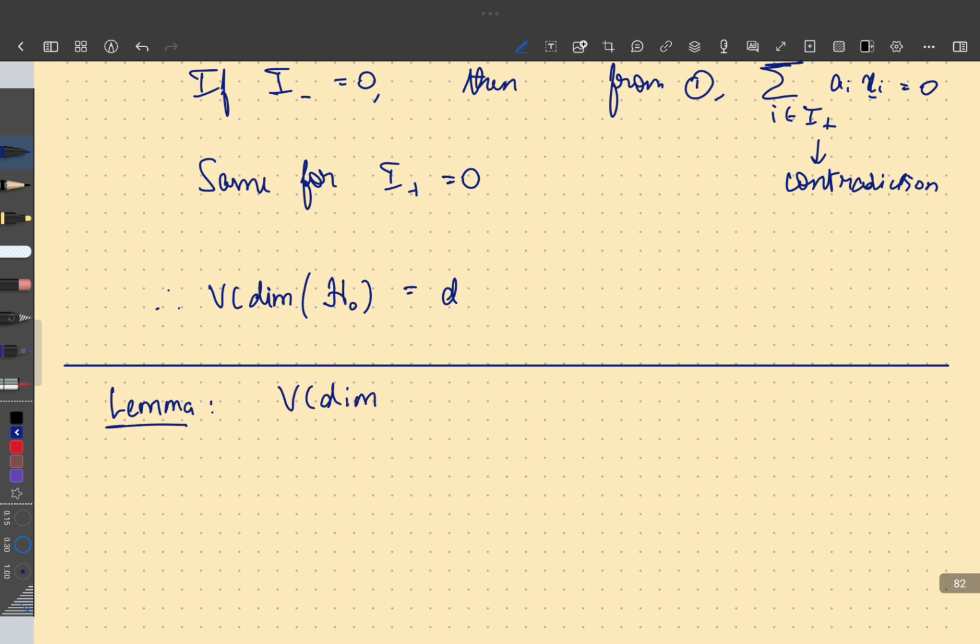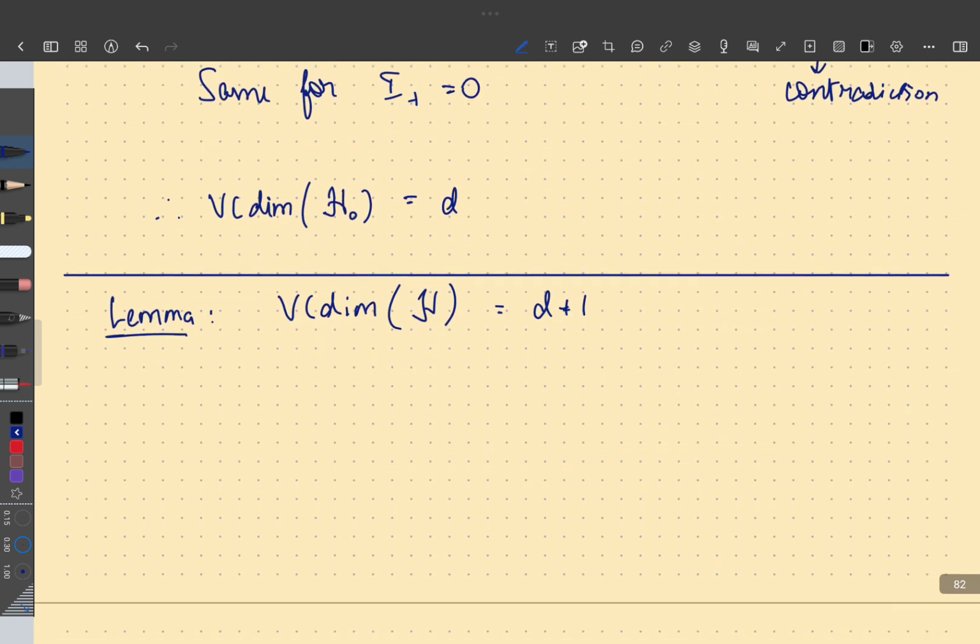So now if we look at the class of linear classifiers where b can also potentially be non-zero, then the VC dimension is equal to d plus 1. We have almost everything that is required to prove this.